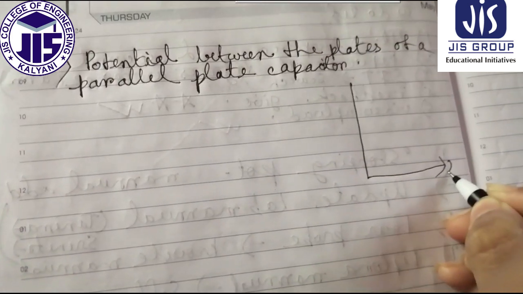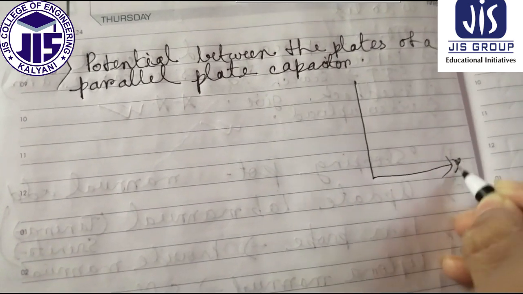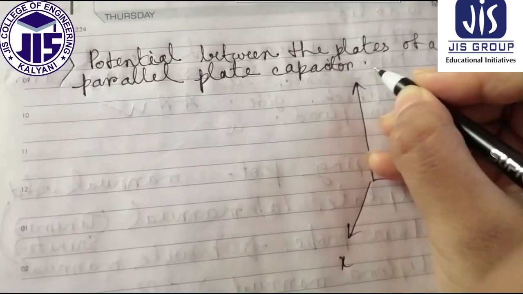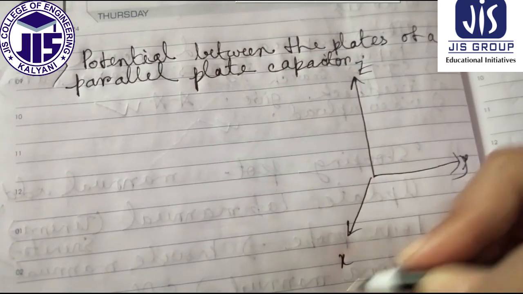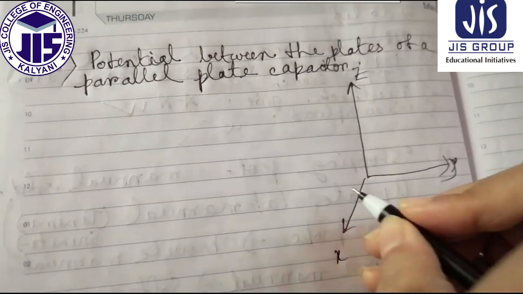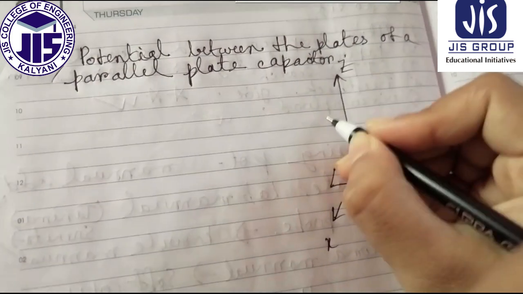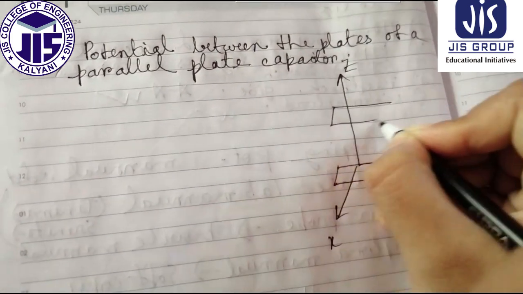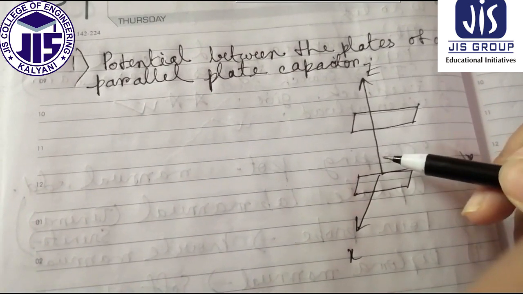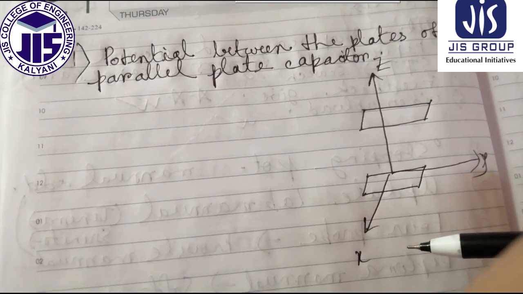Suppose this is the y axis, this is the x axis, and this is the z axis. So x, y and z axis. Now there are two plates, suppose this is one plate and this is another plate. Between these two plates, if there is a dielectric material, then it can be called a capacitor.